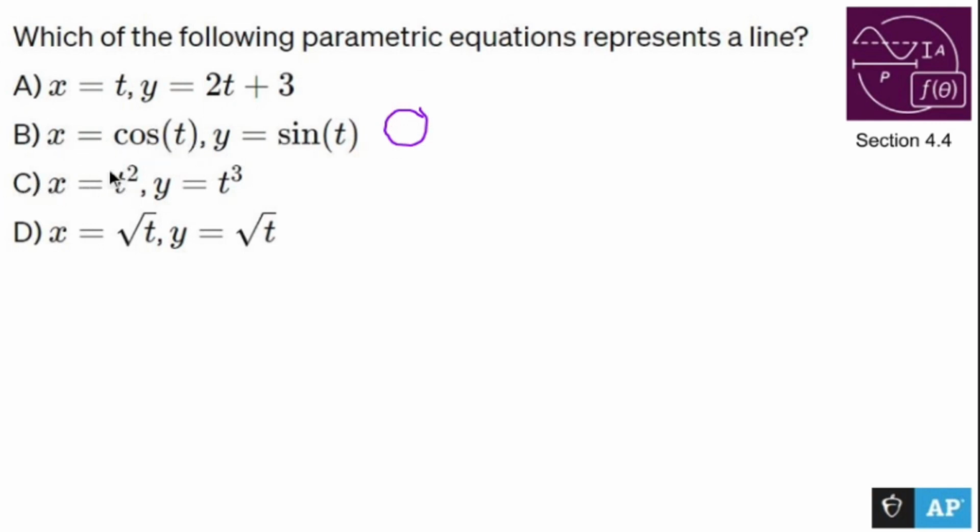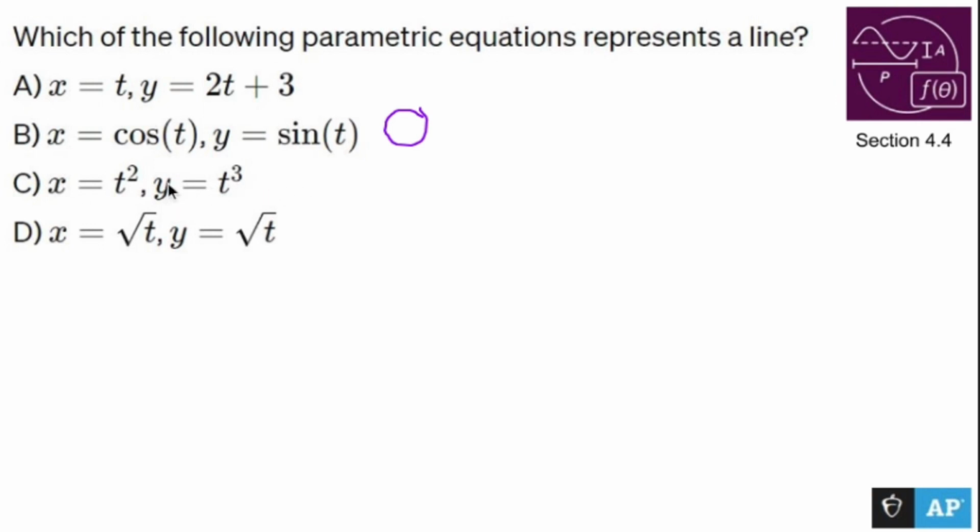For C, you would pick values. If I were to pick 0, I'd get 0, 0. Easy. If I were to pick 1, I'd get 1, 1. That looks pretty linear so far. But once I start picking 2, X grows, but Y grows a little bit faster. So then all of a sudden things change. I start out with 0, 0, and then 1, 1. But when I pick 2 for t, I get 4 and then 8.